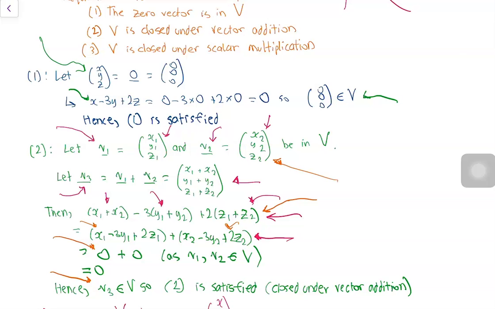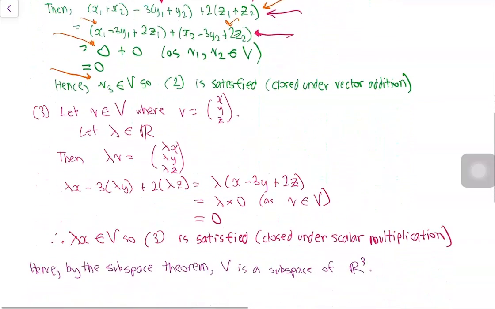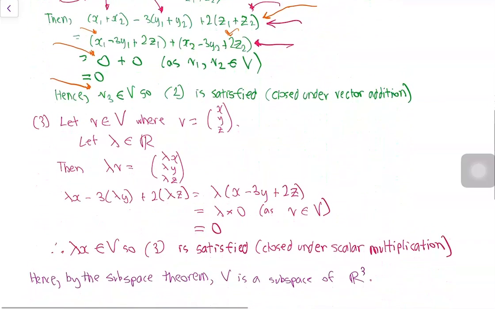Now we'll have a look at the final condition, which is closure under scalar multiplication. Now let v be inside the set capital V, where little v is equal to x, y, z.